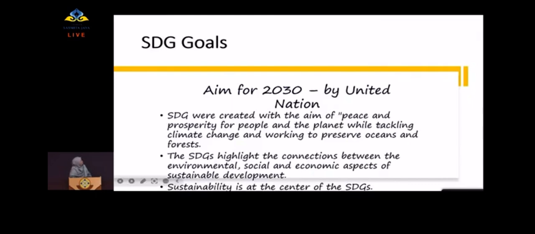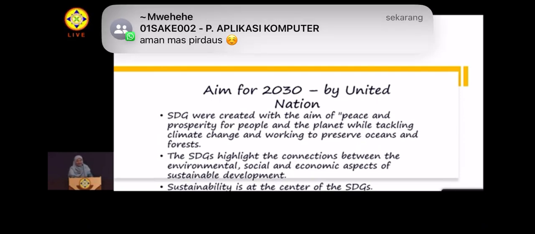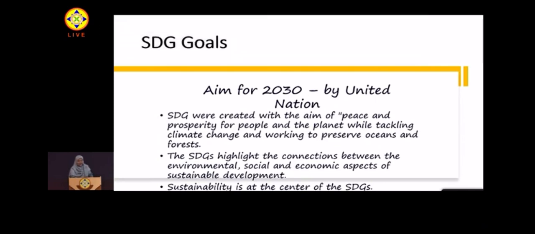Okay, so talking about the SDG goals, they are from the United Nations. SDG is a set of goals set by the United Nations, which should be achieved by 2030. The reason why the United Nations introduced SDG is the erosion, climate change, pollution, and also their keen concern about social problems.